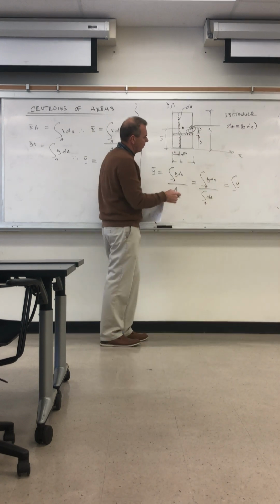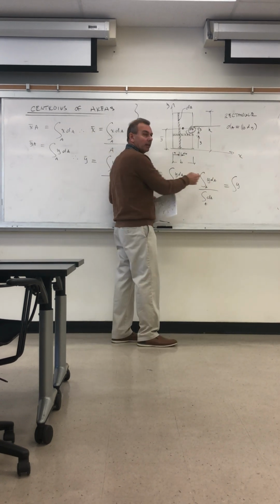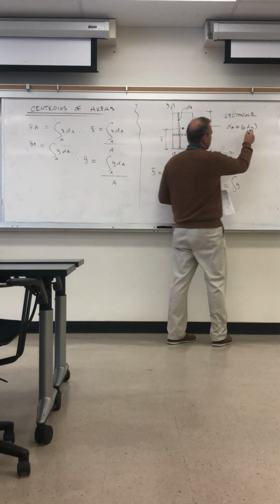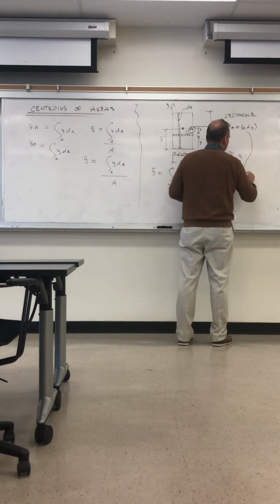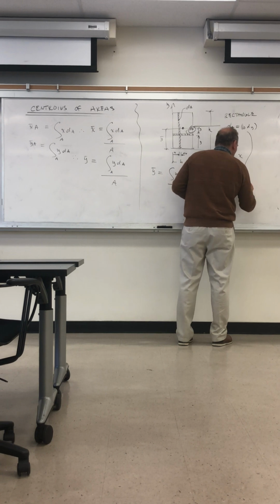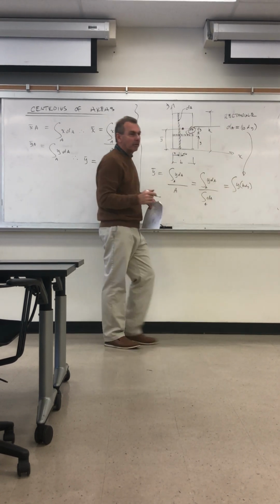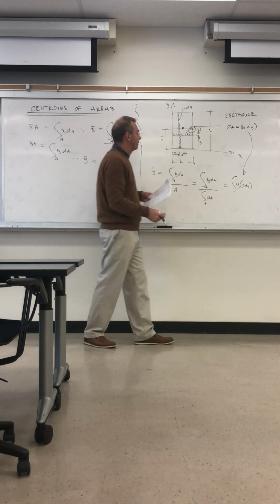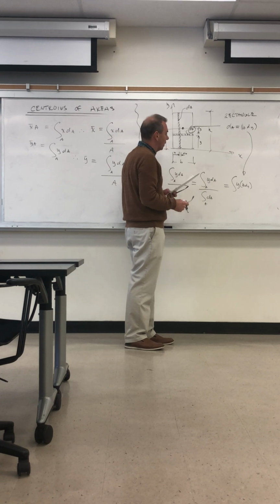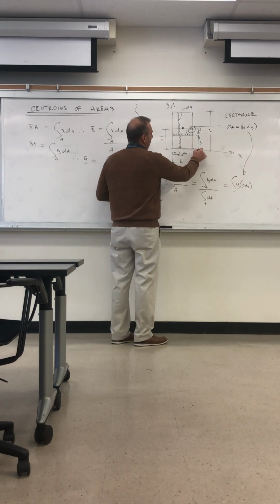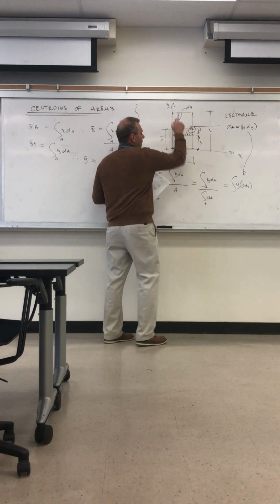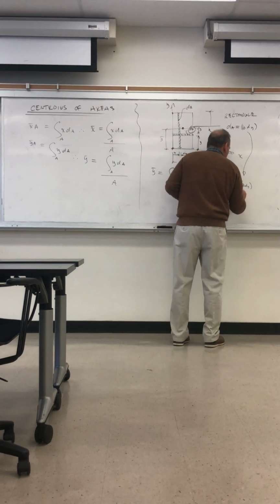So we have the integral, and I'll put the limits in a minute, of y times dA, and now we're going to substitute this dA down here as b dy. So now instead of integrating across dA, I'm integrating across y, right? My limit on y, starting down here going up to here, is from 0 up to h. From 0 to h.